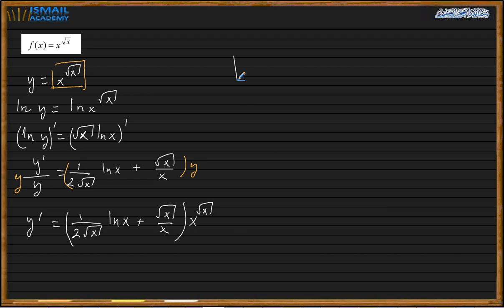You can do it in a different way, by changing the form of your function. Keep in mind that f of x to the power g of x is the same thing as e to the g of x ln of f of x.